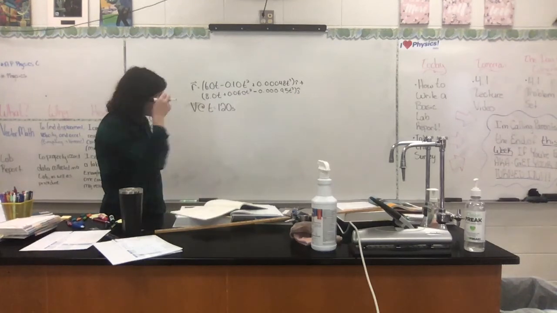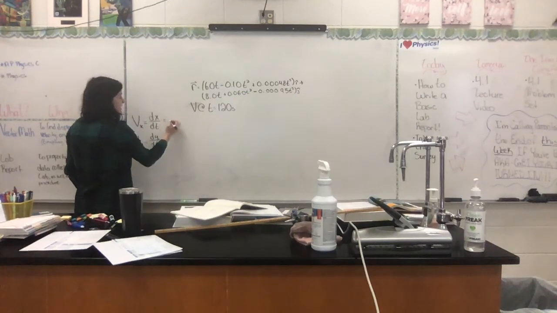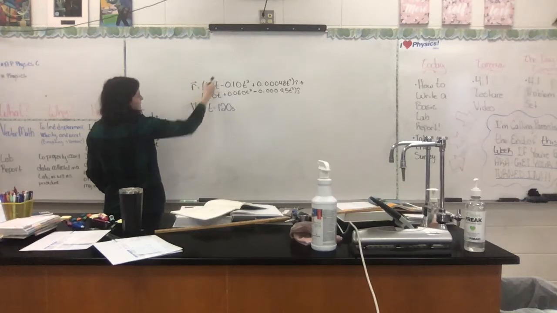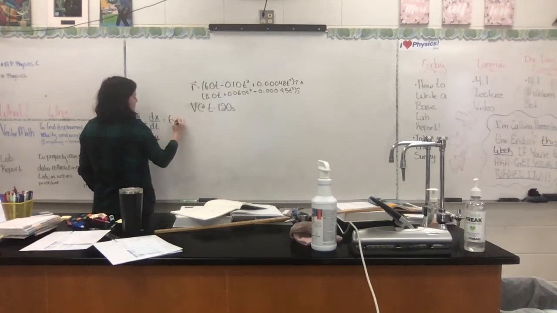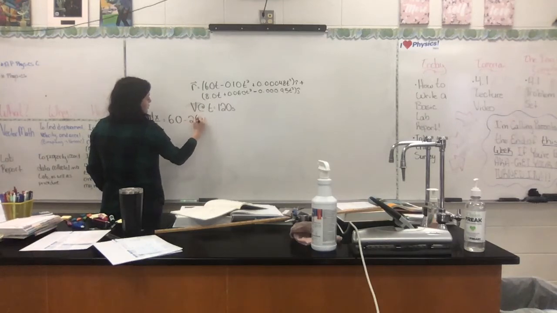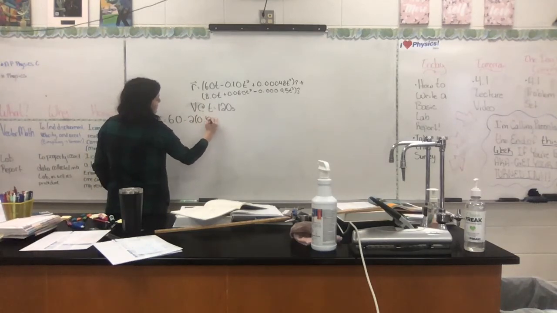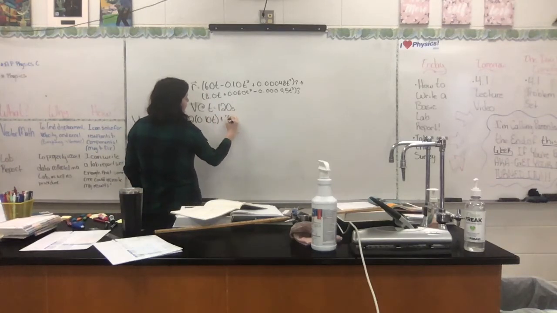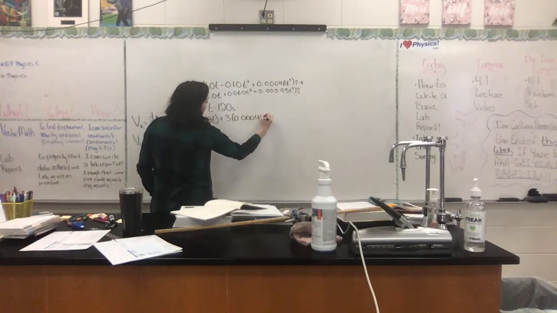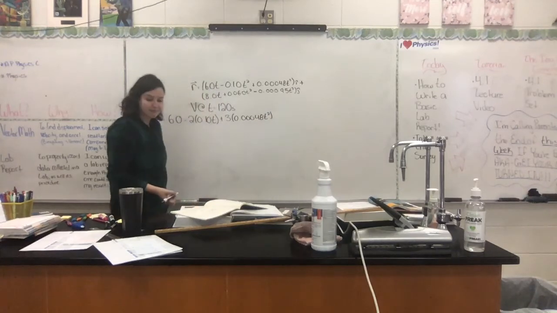So this first one, if we take the derivative, remember, you bring the n down, multiply it, and then it's going to be t to the n minus 1. So what's going to happen here is it's going to be 6.0 minus 2 times 0.10t plus 3 times 0.00048t squared, okay?